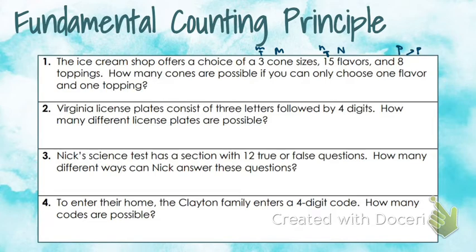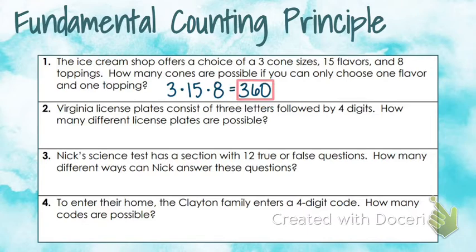So if we need to make all of those decisions, then it can be made 3 times 15 times 8 different ways. And this number equals 360. So if there are 3 cone sizes, 15 flavors, and 8 toppings, there are 360 different 1 flavor, 1 topping cones that we can make.